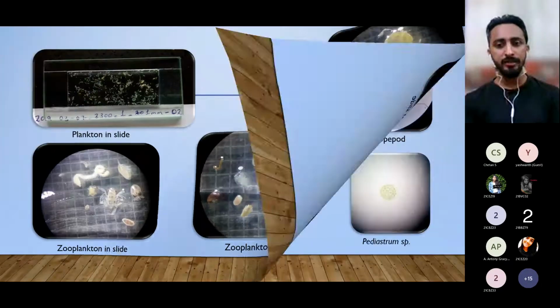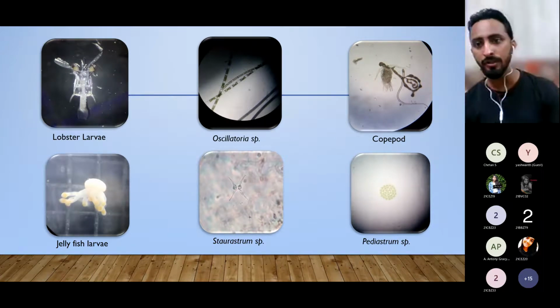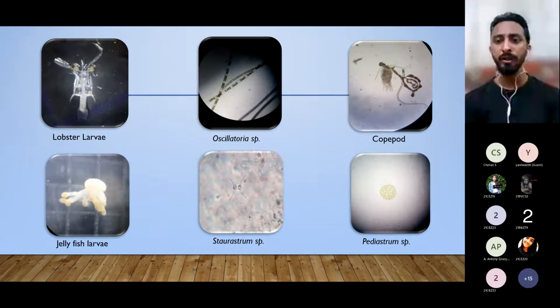So next we have some other pictures. The first one you can see is the lobster larva, the stomatopod lobster larva, and below that we have the jellyfish larvae, and after that we have the copepod larva in the right corner. Copepods are also a very important group in the zooplankton family.